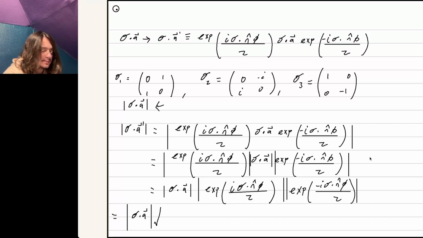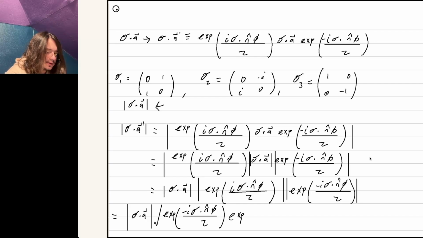The first one, the complex conjugate will have a minus i sigma dot n hat phi over 2 times a positive i stuff, under a radical.